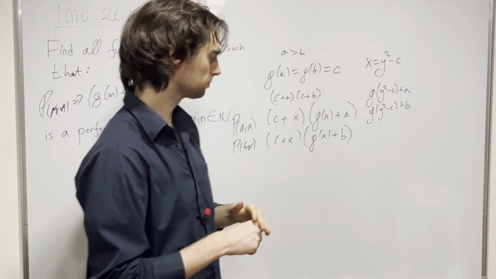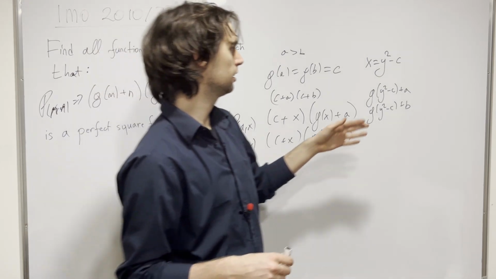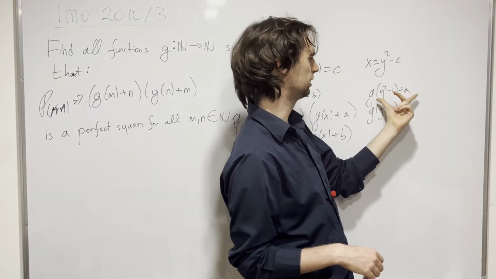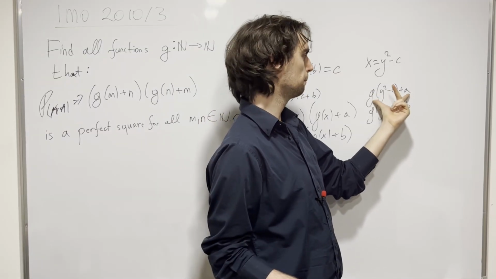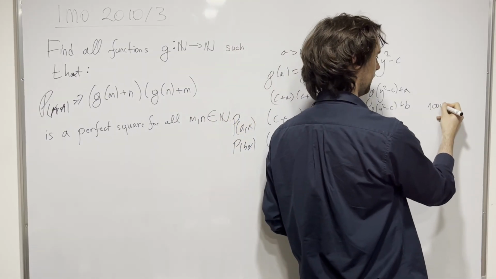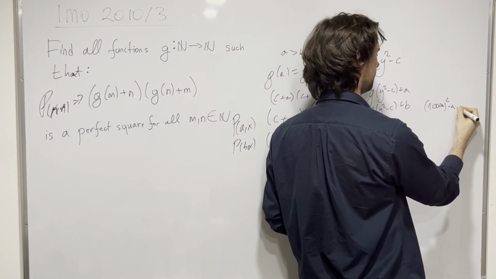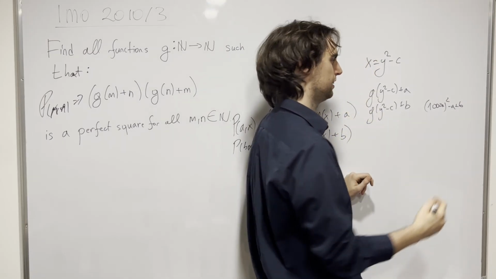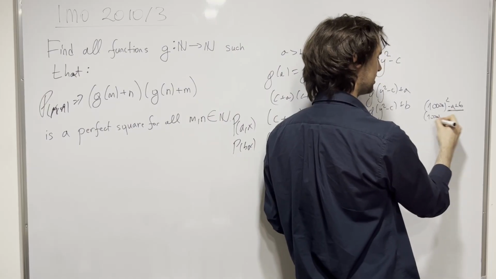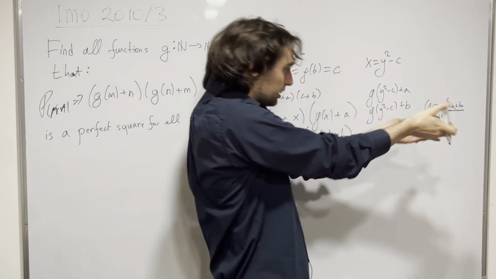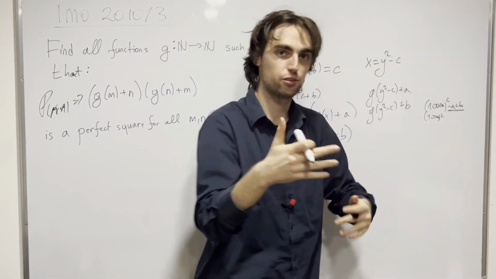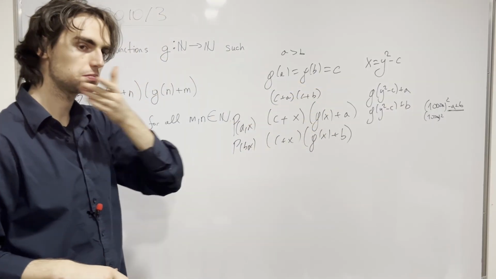As an example, this can't be equal to 1000a squared if a is bigger than b, because then we'd have this equal to 1000a squared minus a plus b. The squares around it are (1000a minus 1) squared and (1000a plus 1) squared, but this can't reach those. So they're limited in size.